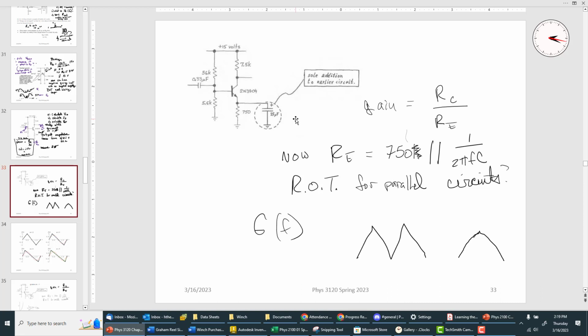We also remember that a capacitor is a frequency-dependent resistor whose resistance goes down at higher frequencies. And it's in parallel with the 750, so that means the higher in frequency you go, then the lower is RE, so the gain should increase.